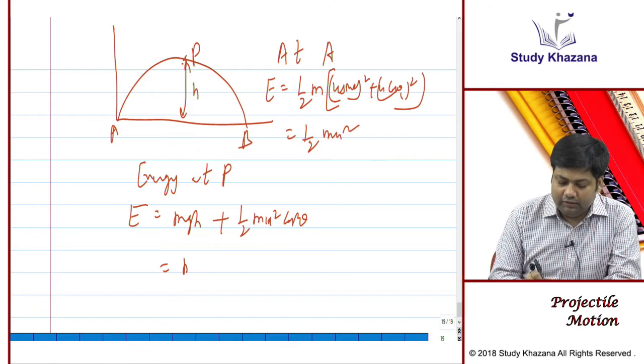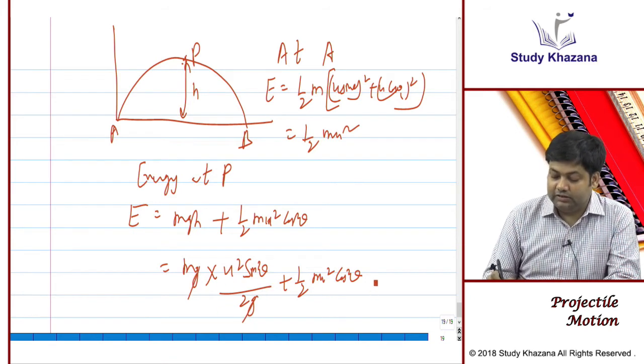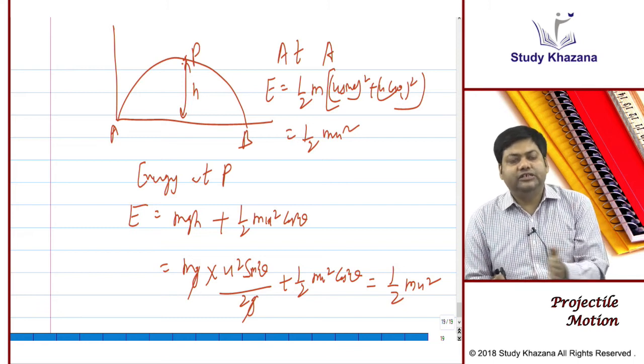Now if you put the value of h as u square sine square theta by 2g, plus half m u square cos square theta, you would see the g gets cancelled, and this becomes half m u square sine square theta plus half m u square cos square theta, so this becomes half m u square. So this is perfectly fine with energy conservation.